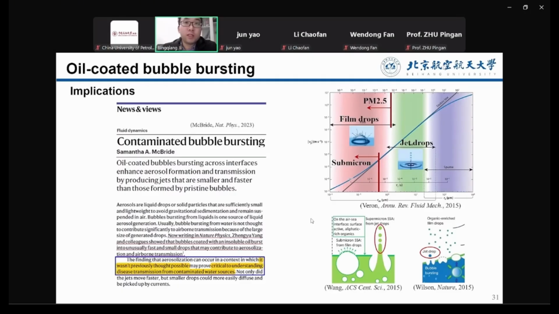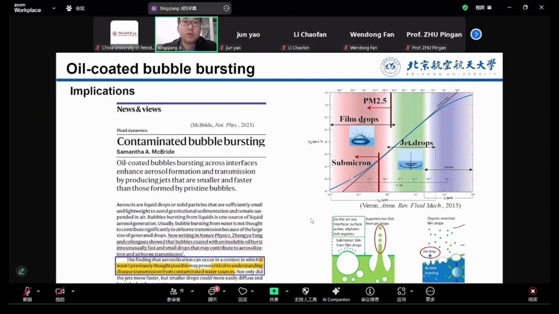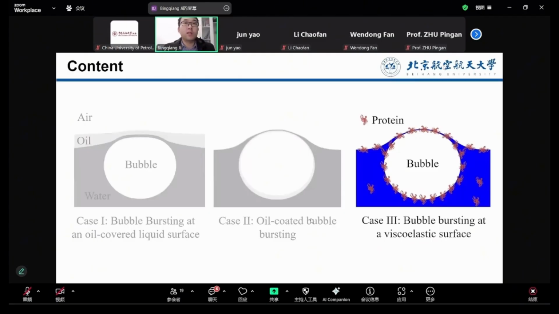But our study shows that the widely present contaminated bubbles can generate micro jet drops. So this means the jet drops need to be considered in future global models of sea spray aerosols.